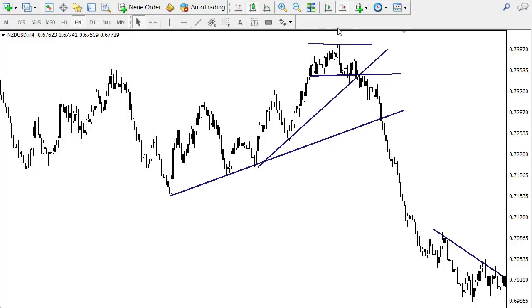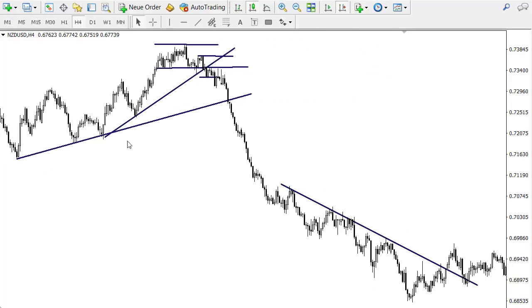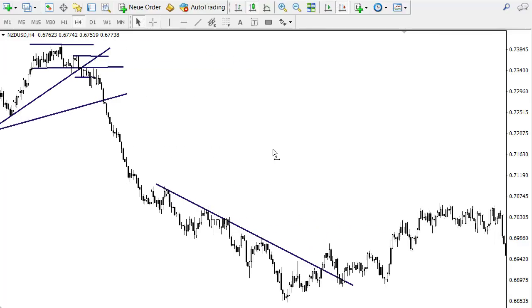We have our highest high here, then we have our second low here, and then once we break the trend line here, we can already see first we have a bump and run pattern, but you can also see that we are already making a lower high. Once we break this level here, you can say we are making a lower low. We come back into this level, make a pullback, and then start this huge sell-off. So this is a very nice example as well of how we can use trend lines.